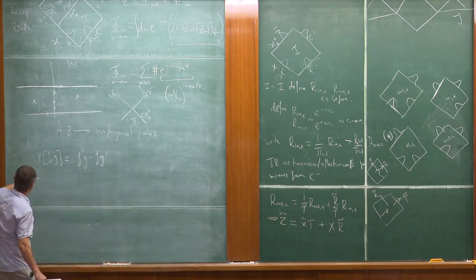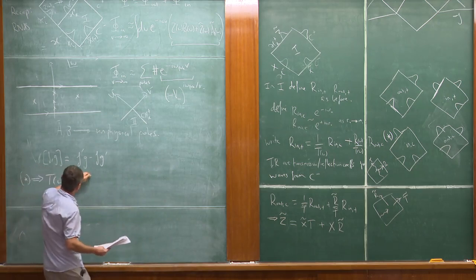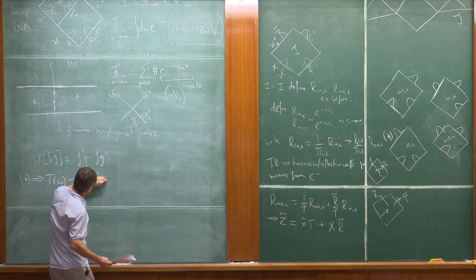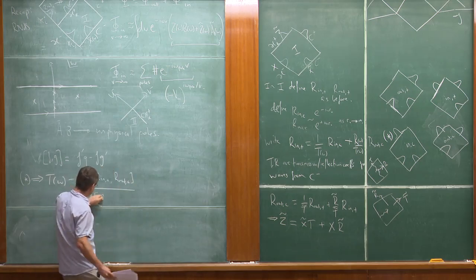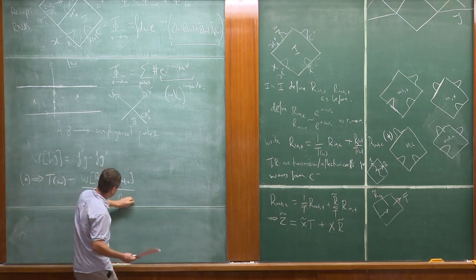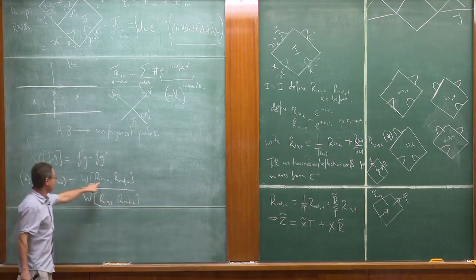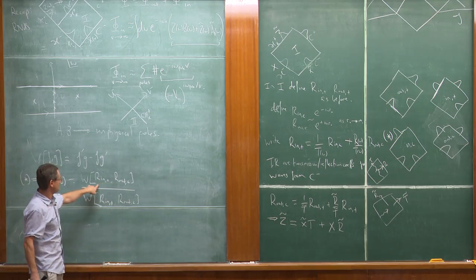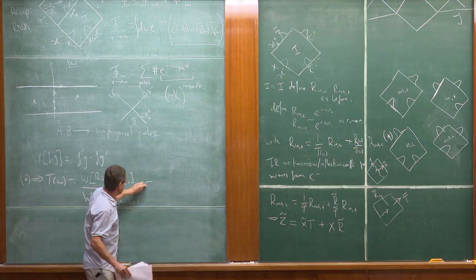So that equation tells us that T is given by the ratio of the Wronskian of R in C with R out C to the Wronskian of R in plus with R out C. Okay, so I think what horizon, and that becomes just the frequency.